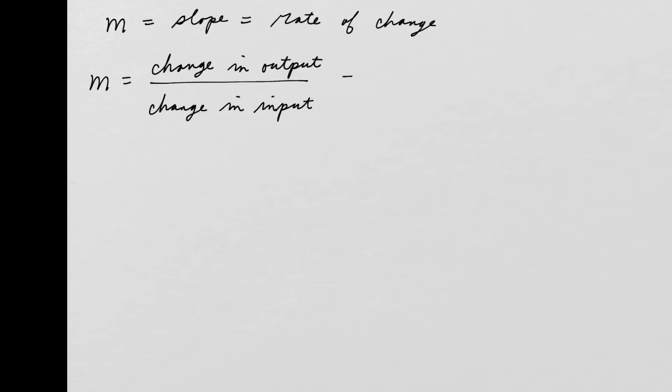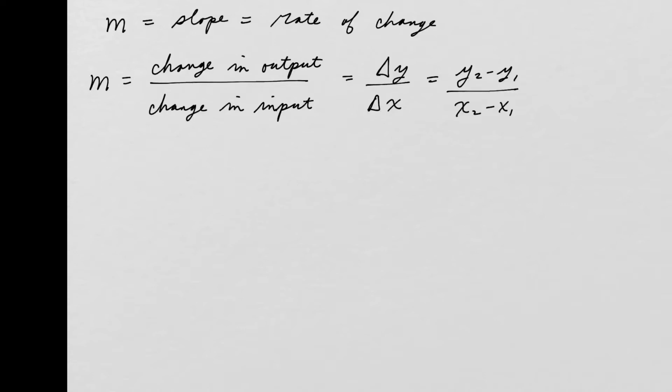So I can write that in several different ways, right? I could write it as delta y over delta x. I could also write it as y2 minus y1 over x2 minus x1.